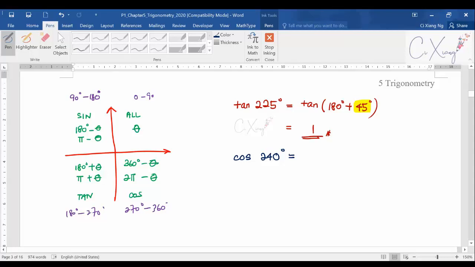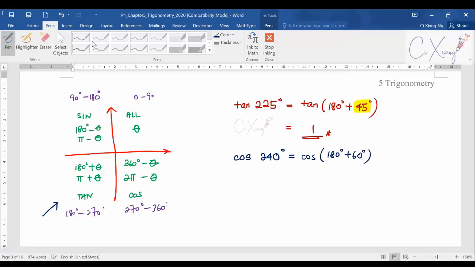Okay, so what is the value for cos 240 degree? Again, 240 degrees is in the third quadrant. All right, so I will write out as cos 180 plus 60 to get 240 degree. So the basic value should be cos 60.